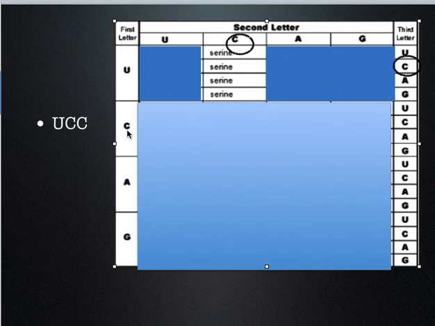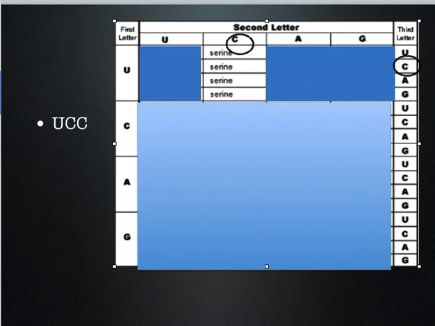And don't worry if you're confused, we're getting there. So the name of the codon UCC is serine. I look at this C and follow my arrow, and it's this serine here.